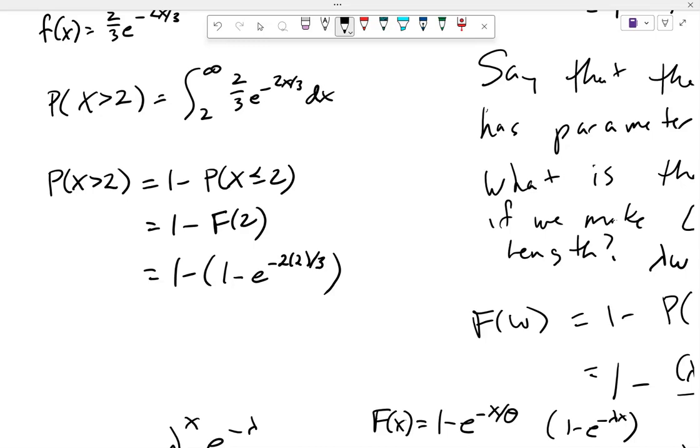So our theta here was 3/2, lambda is 2/3. We plug in 2 for the x. So I can write this now as e to the negative 4/3 is our answer. No integrals to compute. I already had the CDF, so I don't need to worry about computing an integral here. Makes it a little bit easier, doesn't it?